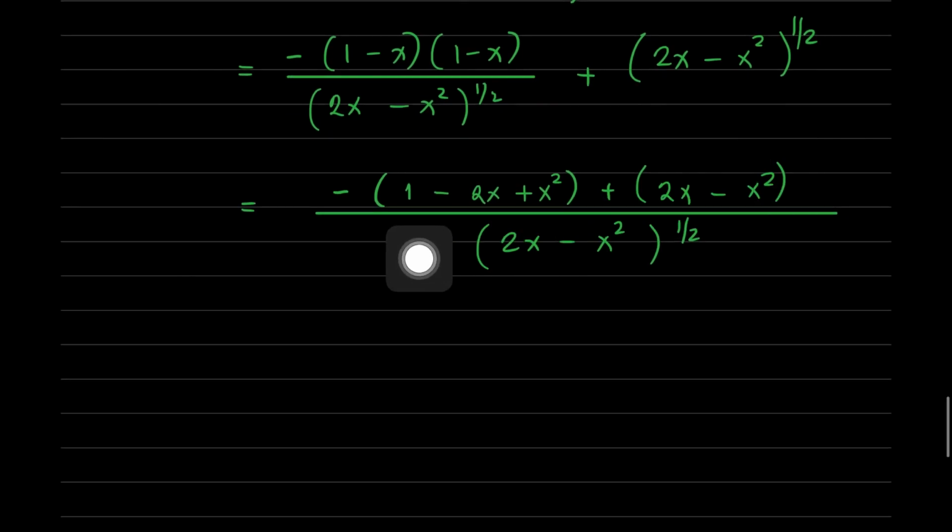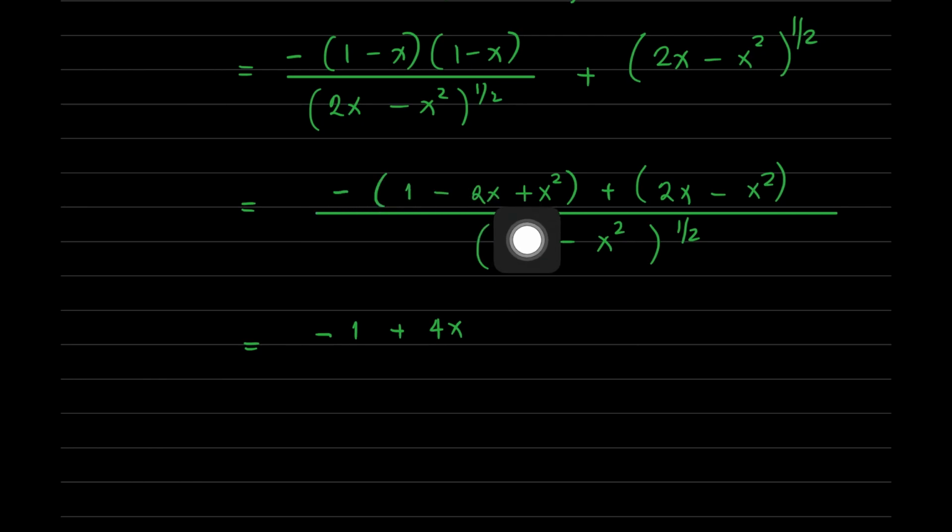So if we're going to collect similar terms in the numerator, this is now equal to negative 1, negative times negative 2x, so that would be positive 2x, plus 2x, that would be positive 4x.